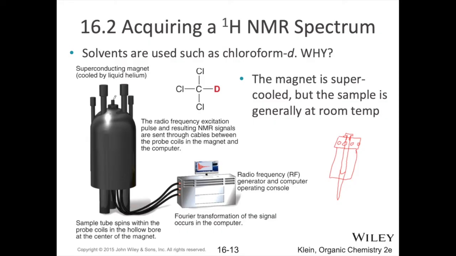If you're wondering how we gently lower this sample into the NMR, it actually works with a column of air. When you open up the NMR, the system blows air at a particular pressure through this tube that you're inserting your sample into.